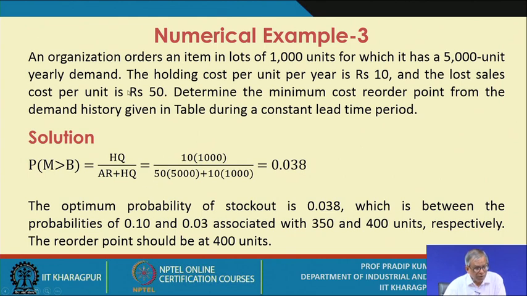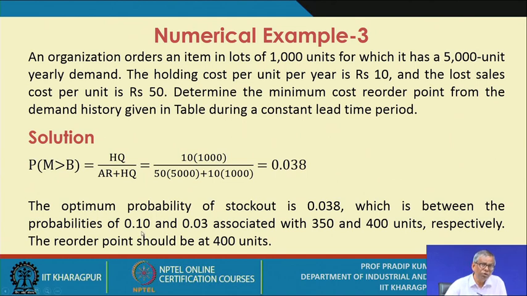A is 50, the lost sales cost per unit. All these are known, and you get the optimal stock out probability as 0.038.